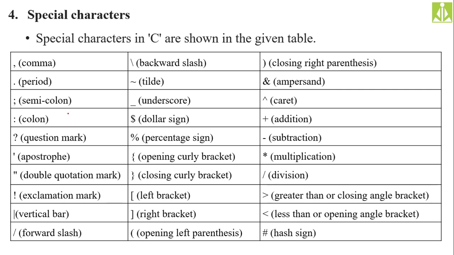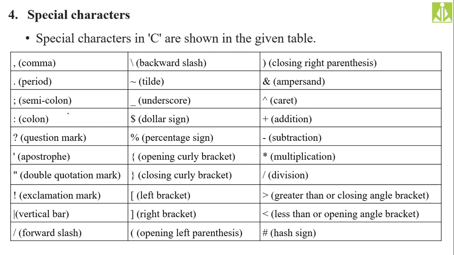Okay, this is about the C's character set. Inside C's character set, we have four different things: the letters, uppercase and lowercase letters, then digits, the 0 to 9 digits, then we have blank spaces, white spaces, that is nothing but the spaces which we give between the lines, between the letters, and we also have the special characters, and here is the table where you can see all the special characters that are allowed inside the C language.